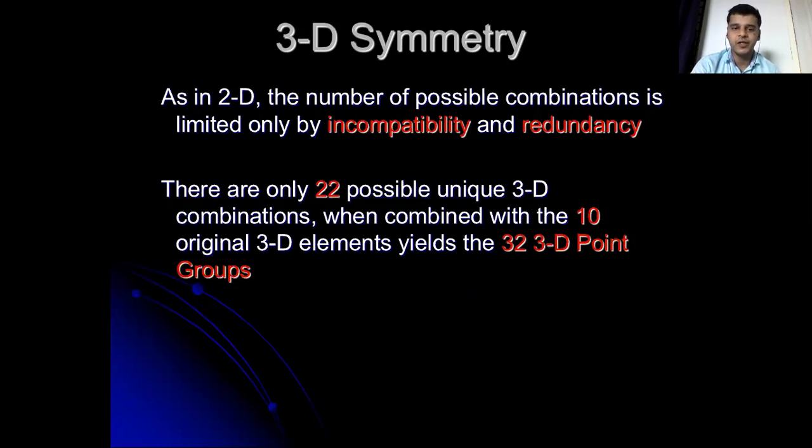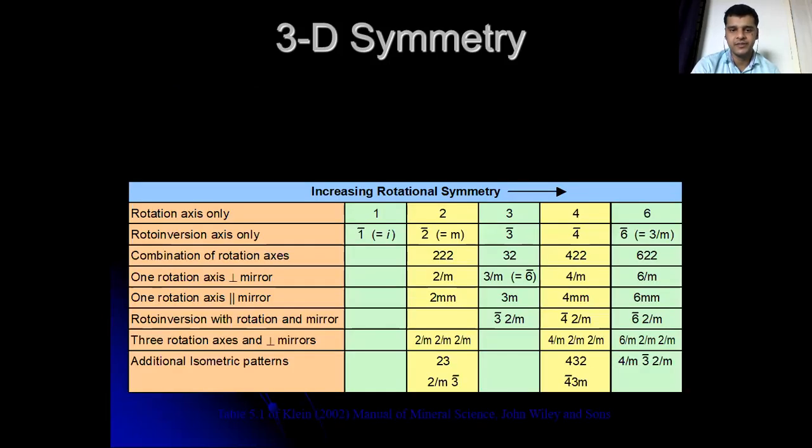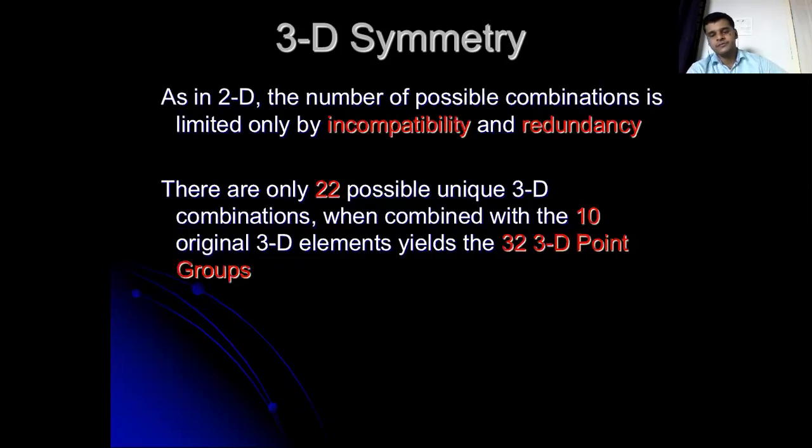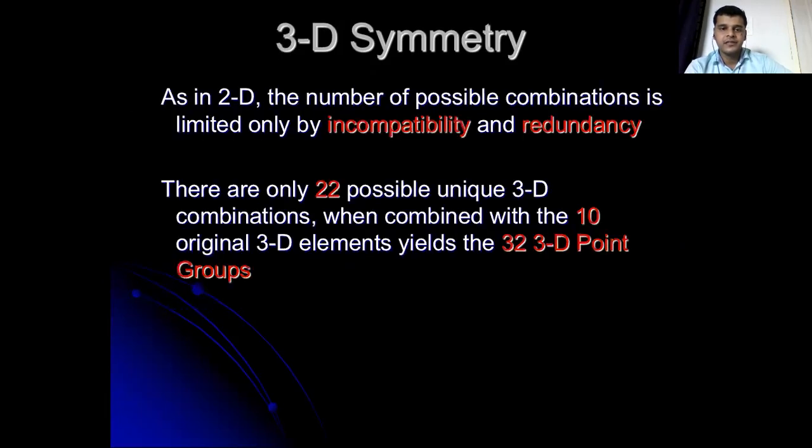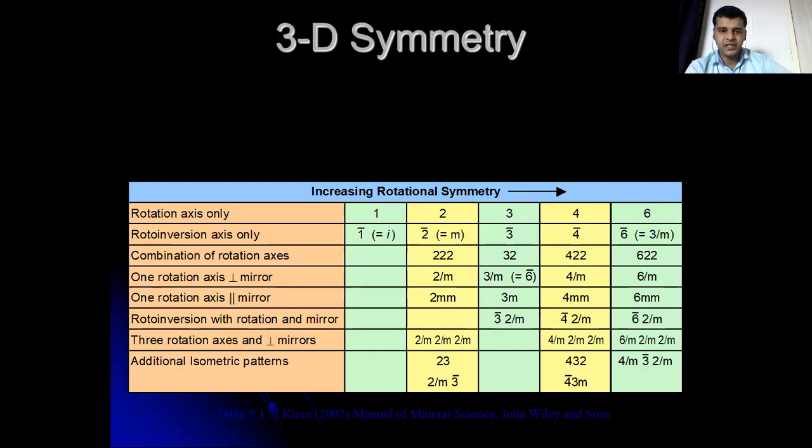When combined with the 10 original 3D elements, that makes the 32 3D point groups. In 2D there are 6 elements plus 4 combinations, creating 10 possible 2D point groups, but in 3D, 32 possible combinations occur with the original elements. These are the rotations and symmetry of 3D symmetry.